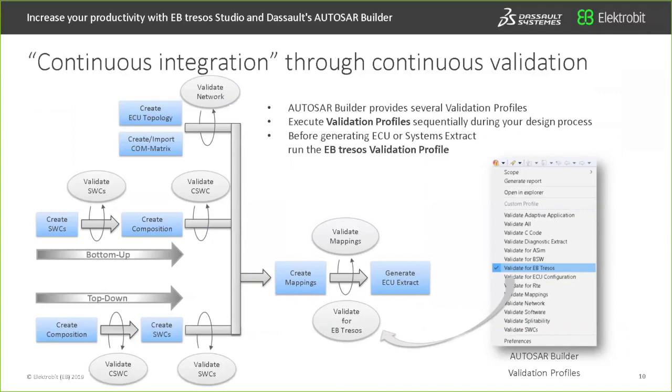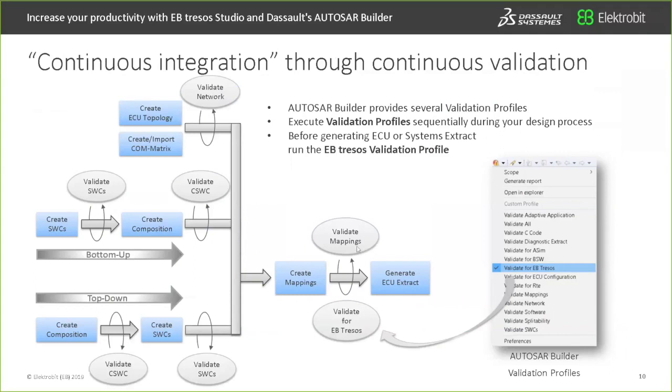Quite important here is that when you do all the individual design steps, you iteratively run the different validation profiles. As you can see on the right side in AUTOSAR Builder, there are quite a number of validation profiles implemented, which need to be executed in different design phases, like after creating the software components or your compositions, or after importing the communication matrix, to make sure that all the data are consistent and complete.